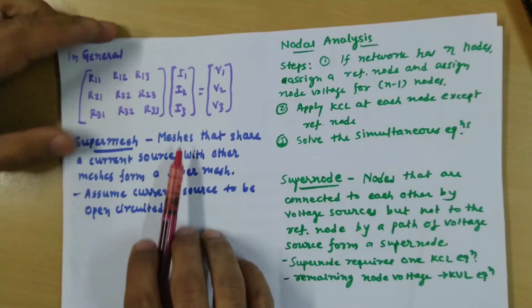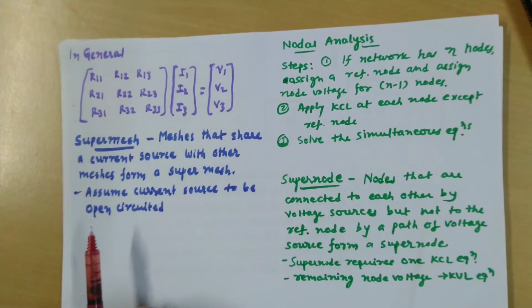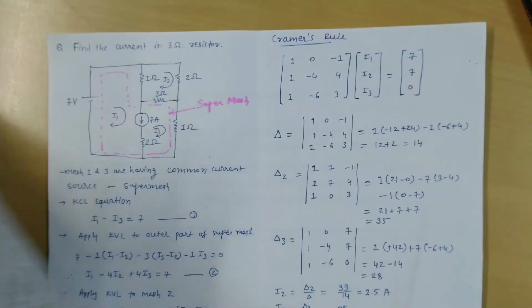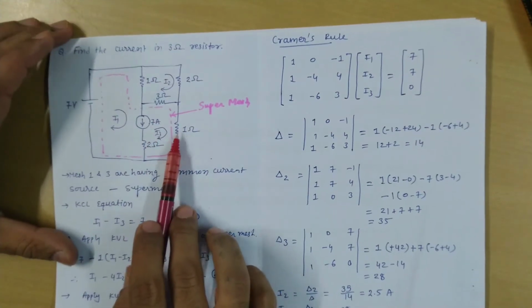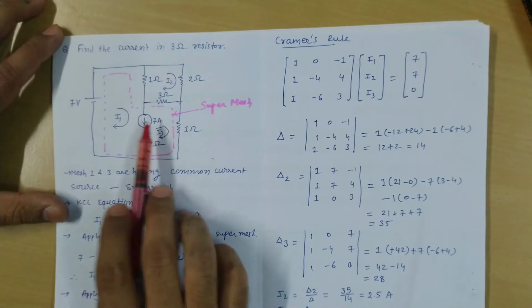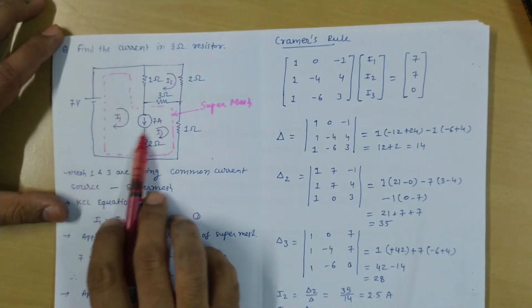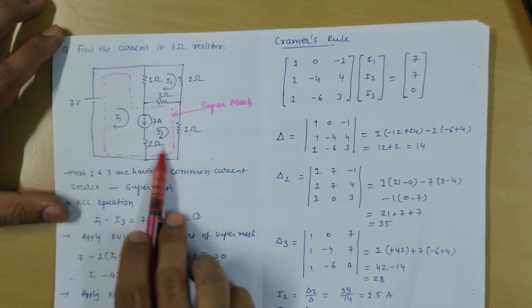So in case of super mesh, we assume current source to be open circuited. Here you can see that in these meshes we cannot apply the KVL, Kirchhoff's voltage law, because there is a current source in between. So we cannot apply KVL in this mesh and this mesh.